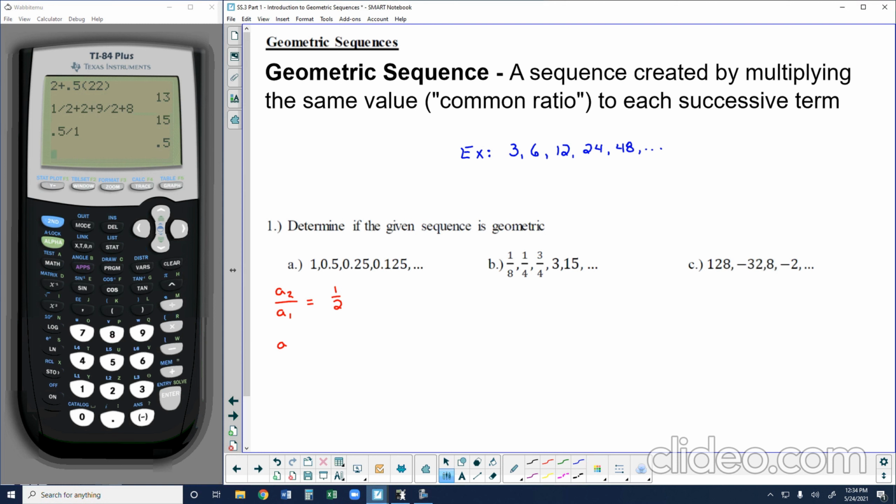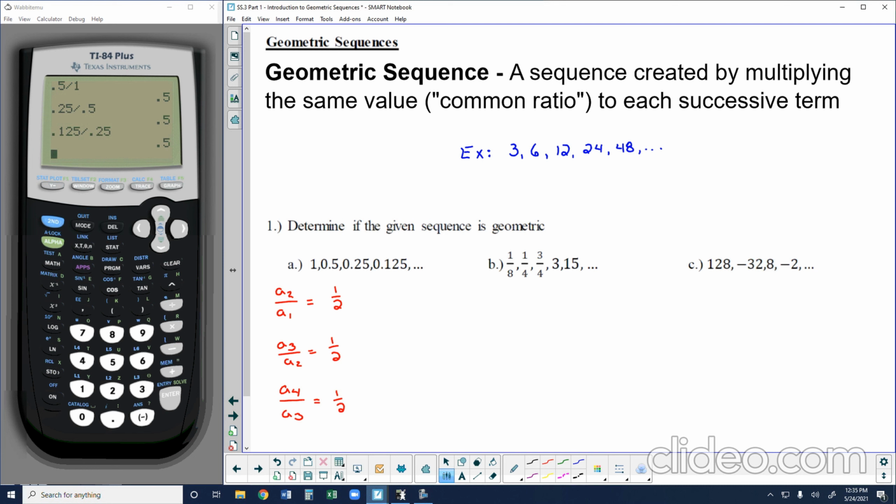I could do A3 divided by A2, 0.25 divided by 0.5, which would also be 1/2. And then I could do A4 divided by A3, so the fourth term divided by the third term. So 0.125 divided by 0.25, and I'd see that this is 1/2.